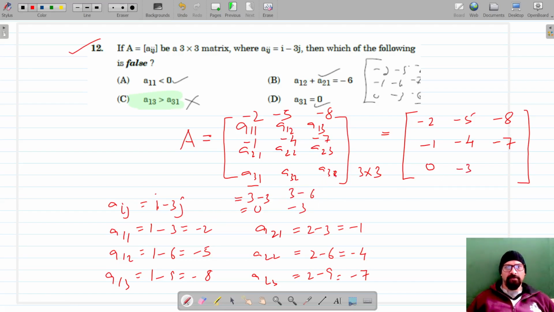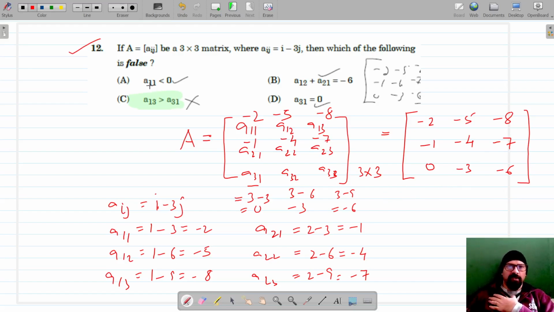And A33 is 3 minus 9, which is equal to negative 6. So we have our matrix as minus 2, negative 5, negative 8, minus 1, minus 4, minus 7, 0, negative 3, and negative 6.